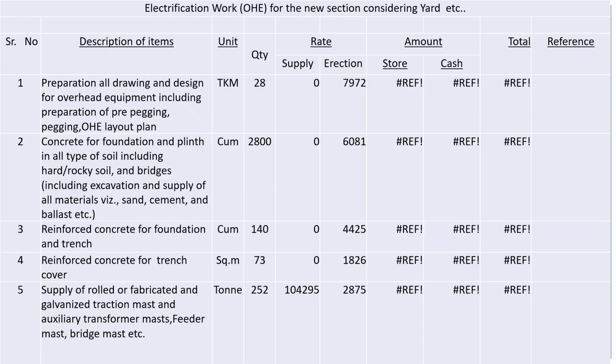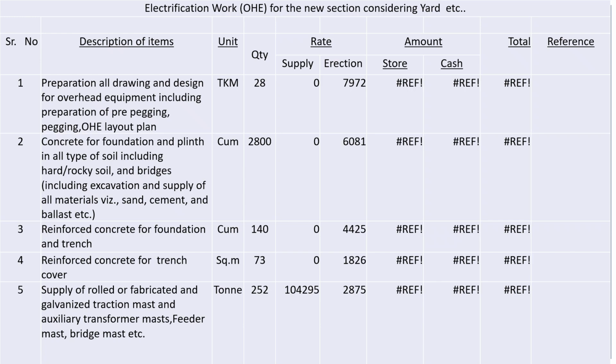Now we have given a chart of the estimate. First thing, you have to prepare a drawing, so the money for this preparation is to be included. Then for the mast, we have to do foundations. And soil is also varying.